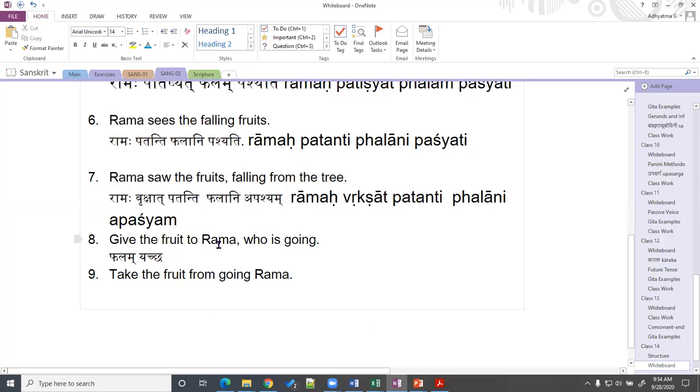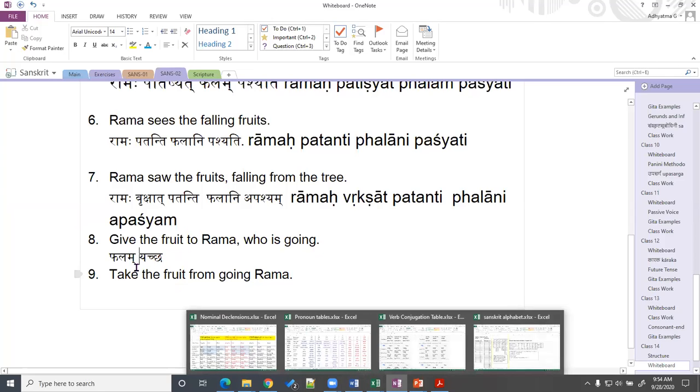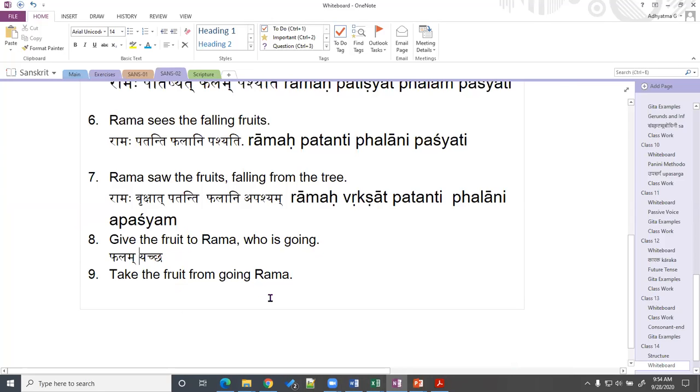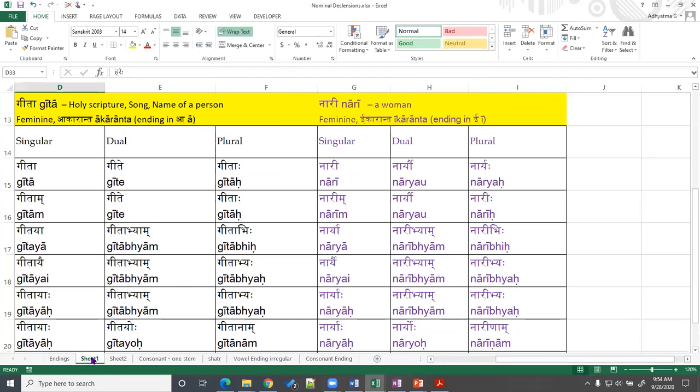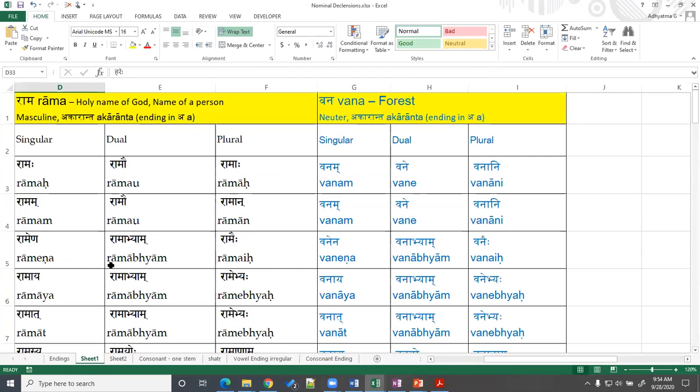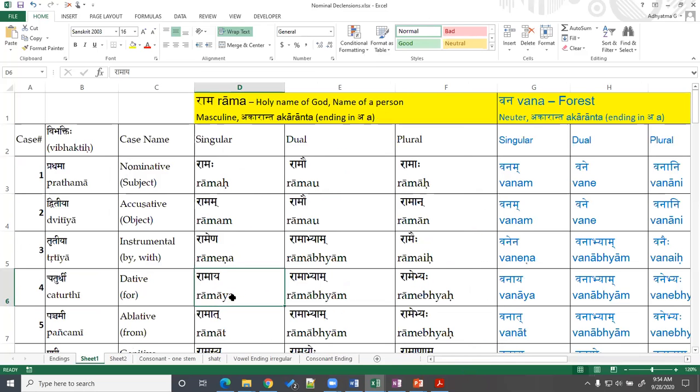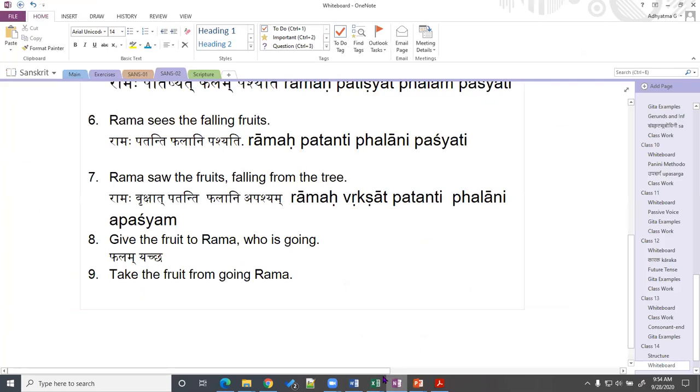To whom? Rama who is going. So that is for Rama. When we give something to somebody, we use the fourth case. I hope you know pretty clearly that Rama becomes Ramaya in the fourth case singular. That's what will be used here. So Ramaya phalam yacha.